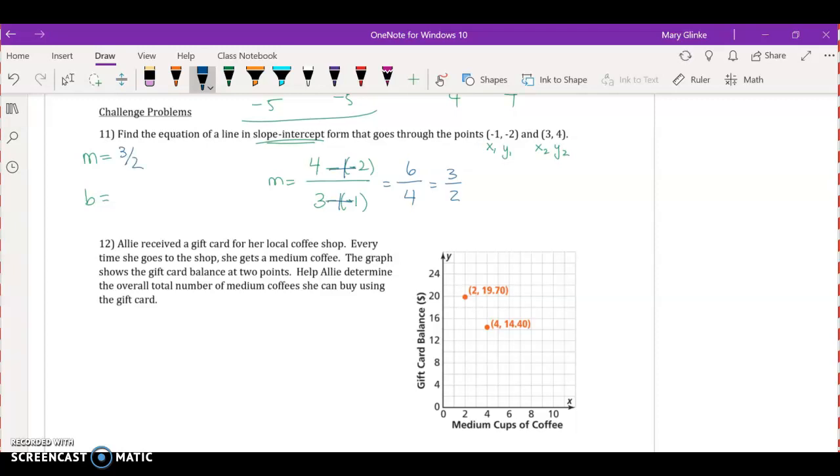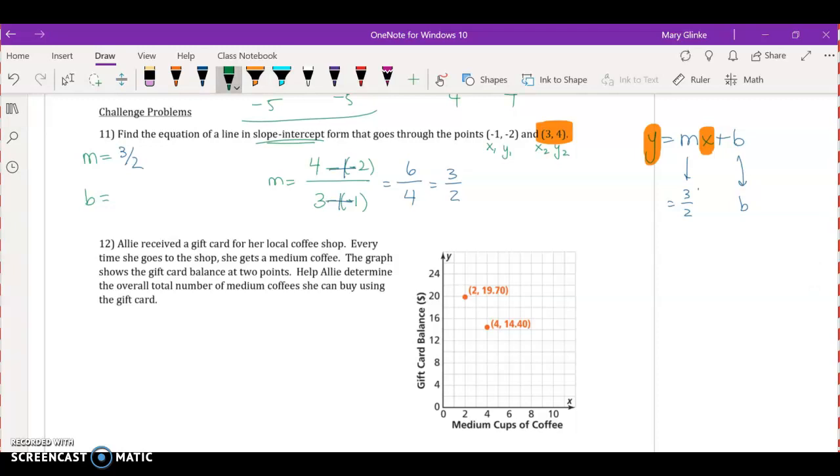But now we still don't know our b value. In our equation, we have y equals mx plus b. What we can do is say, I know my slope is 3/2. I don't know my b value, but I can take either point. So I'm just going to take 3, 4, and that can represent x, and that can represent y.